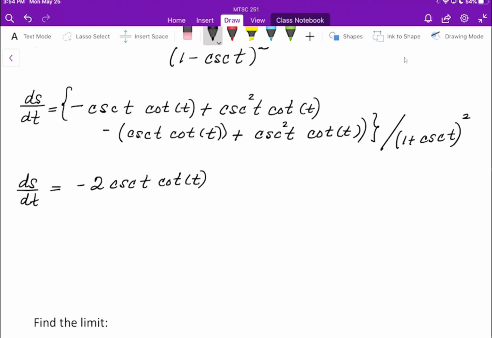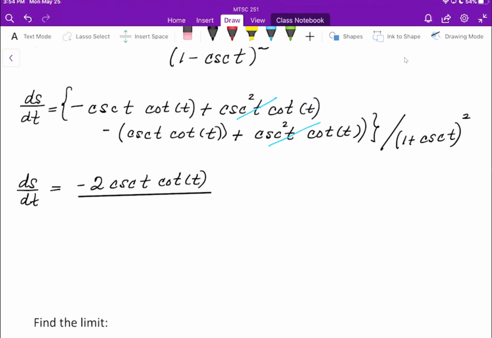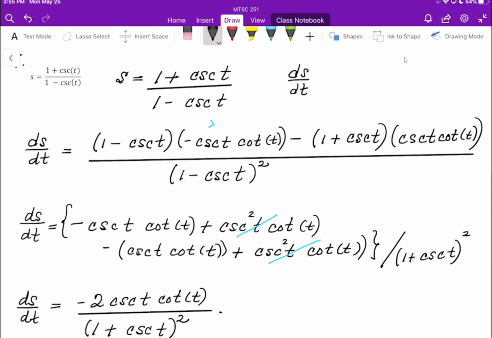And then I have a plus cosecant squared t cotangent t, and subtracting off the same term, so they're going to add to 0, and that is divided by 1 minus cosecant t quantity squared. And there's a typo. This should be negative, and this should be negative.